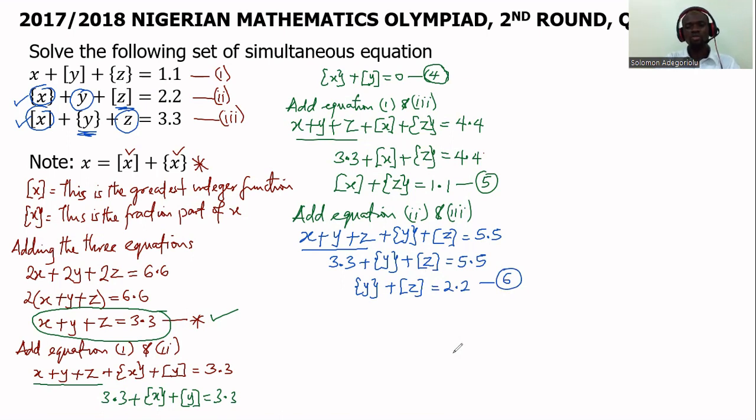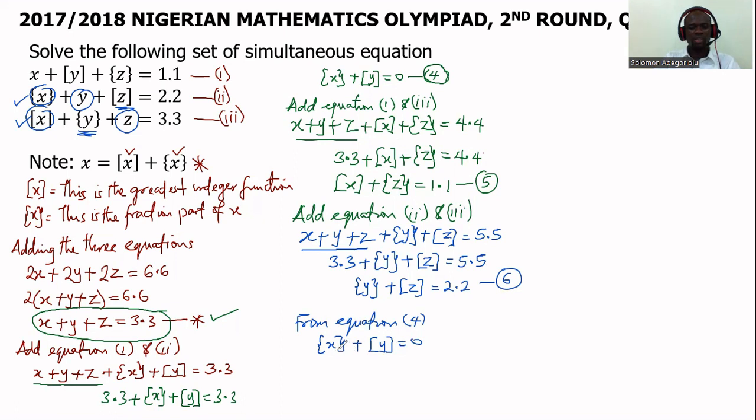So the next thing we're going to do is to look at equation 4 and express it further. What is our equation 4? This is what we have: the fraction part of x plus the greatest integer of y is equal to 0.